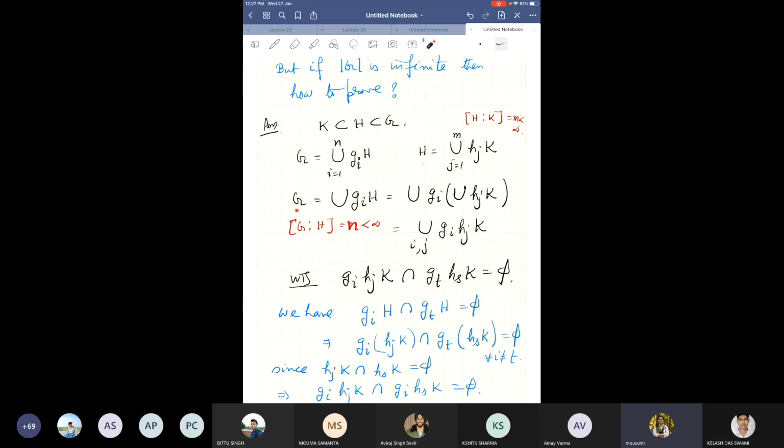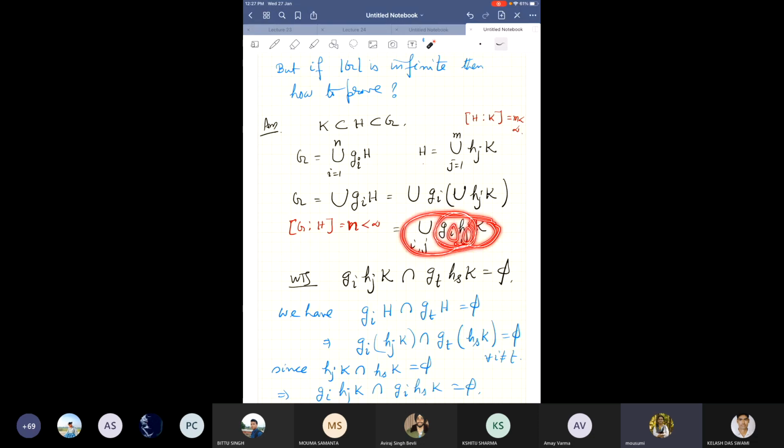What I have shown here is that G is a disjoint union of the left cosets of H. I have written G as a disjoint union of these cosets of H, but then this H is again a disjoint union of left cosets of K. So if I further write H as a disjoint union of left cosets of K, then I can cover my G with the elements of the form g_i h_j K, which are left cosets of K, where i and j are varying over all the indices.